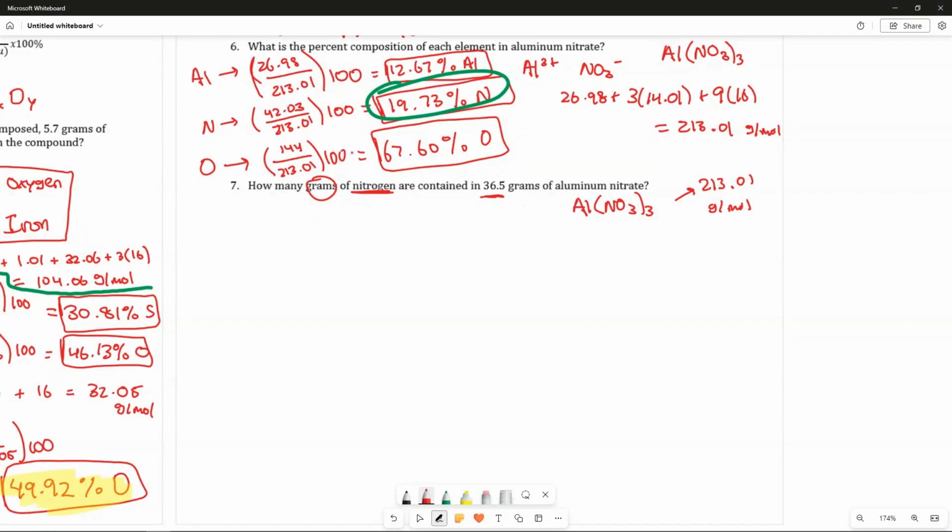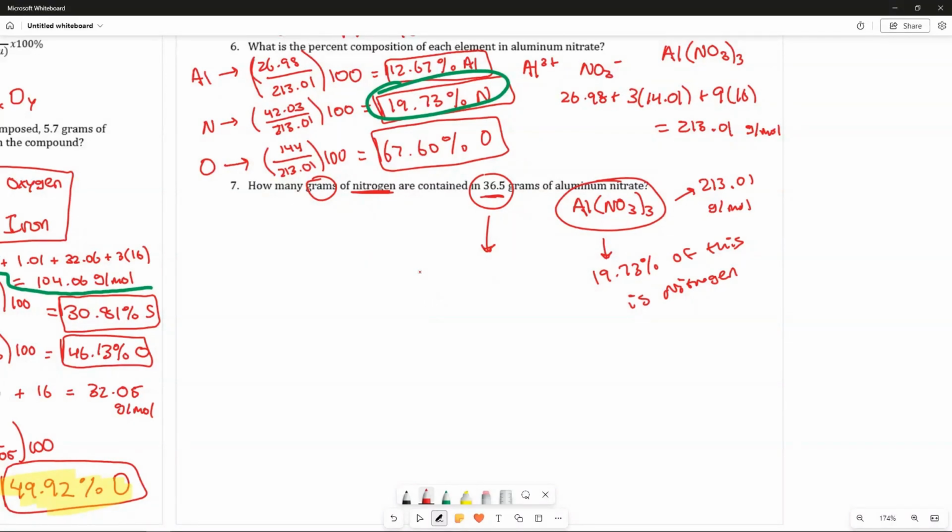We calculated in the previous question that out of one Al(NO3)3 compound, 19.73% is nitrogen. Based on this information, if we have 36.5 grams of it, all we have to do is multiply the percent value in decimal by the sample mass, and that will give us the grams of nitrogen.